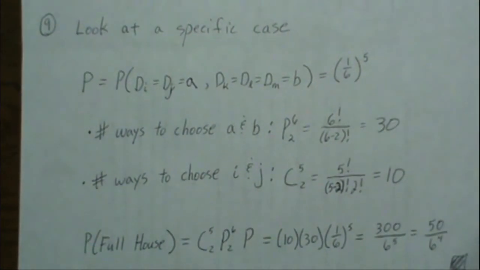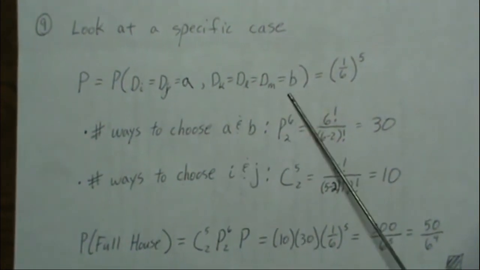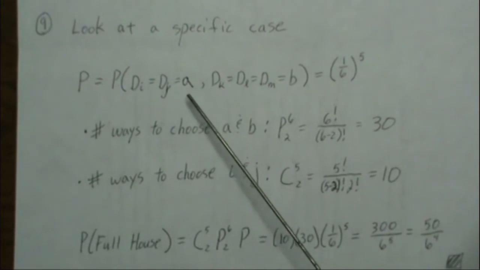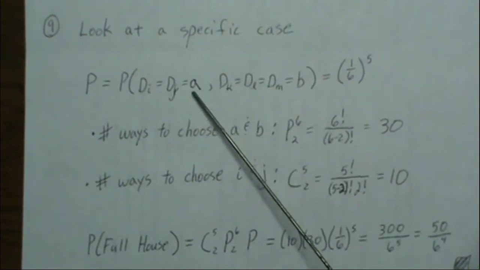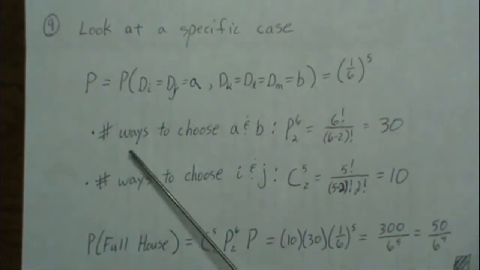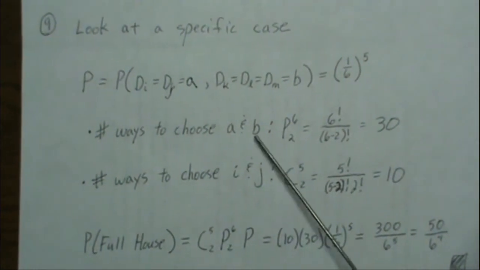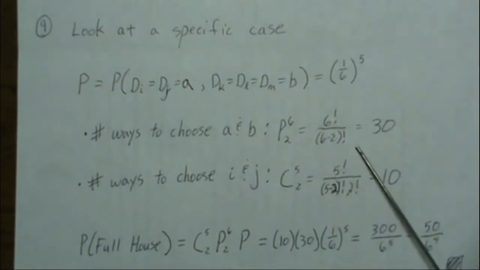Okay, but now the number of ways that we could choose different A's, remember there's 6 possible values. It could be a 1, 2, 3, 4, 5, or 6. And then B has to not be that, but the possible values are still 1 through 6. So the number of ways to choose different A and B is actually permutation 6 to 2.